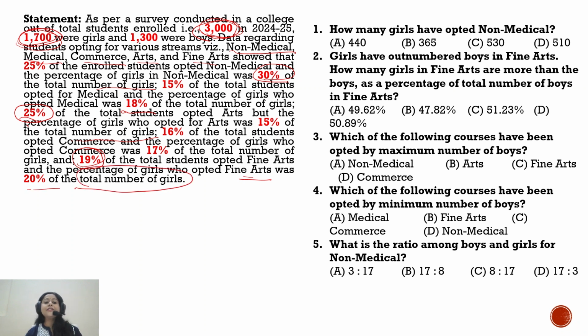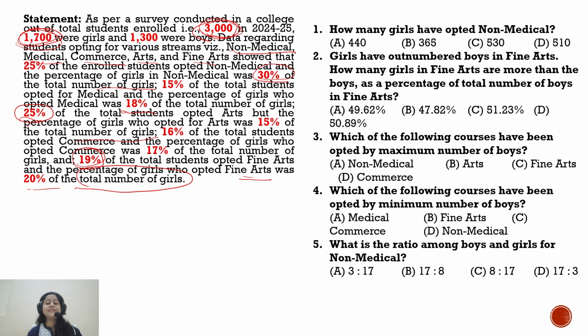So here you can see the boys information is not given. The information which is given is what is the percentage of total students who opted for a particular stream, and what is the percentage out of total girls who opted for a particular stream of study.